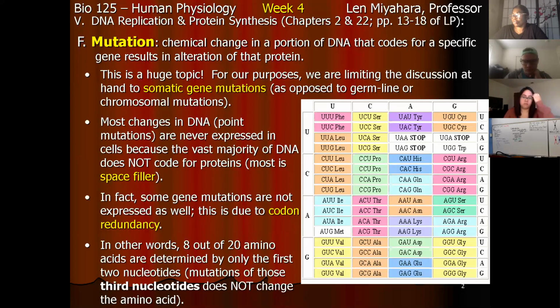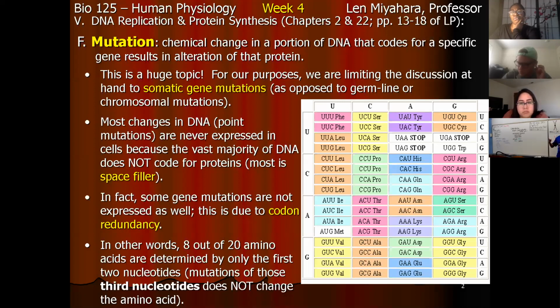Not all of them are like that, but 8 of them are. Can you see that in the tables? And if it's not a full codon redundancy, some of them are 2. If it's UA, you've got a good chance of being tyrosine, and the third nucleotide could be either U or C, doesn't matter. Everybody see that? So there's some level of redundancy over all the table of codons.